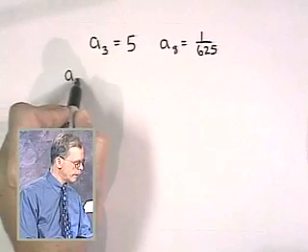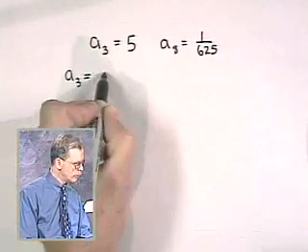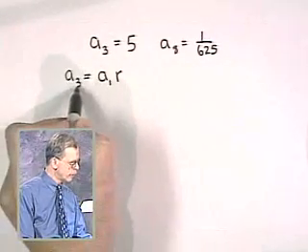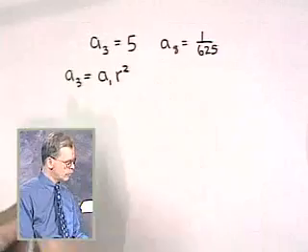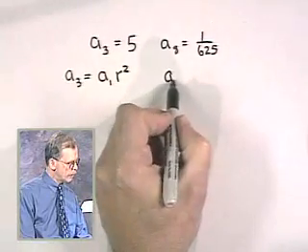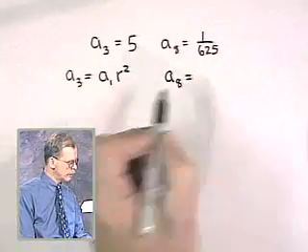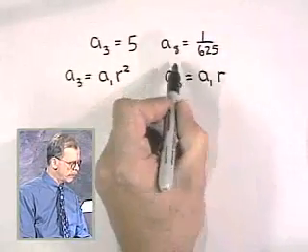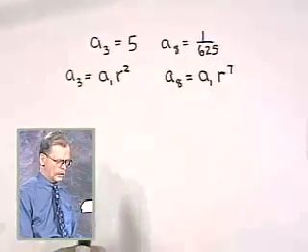We know then that a3 is equal to a1 times r to the 3 minus 1 power, so that's r squared. Likewise, a8 is equal to a1 times r to the 8 minus 1, or 7 power.